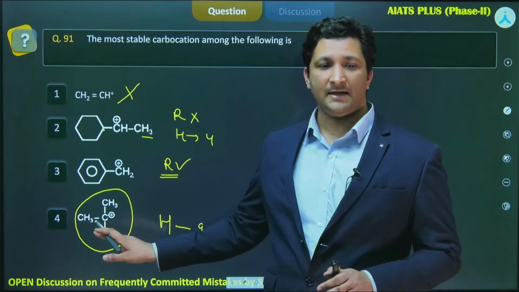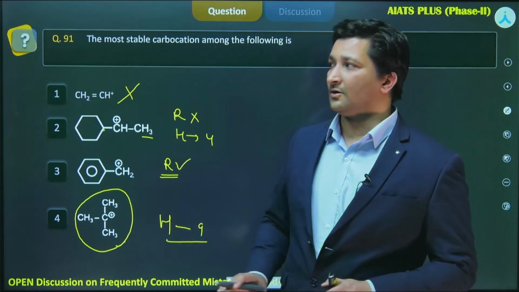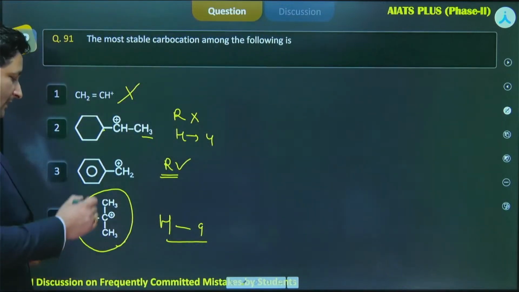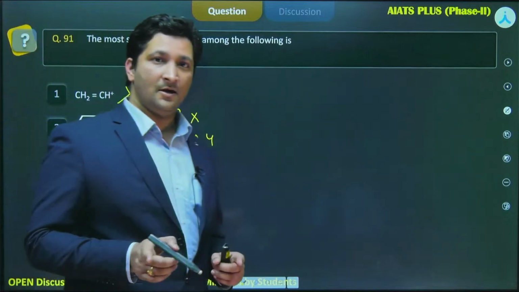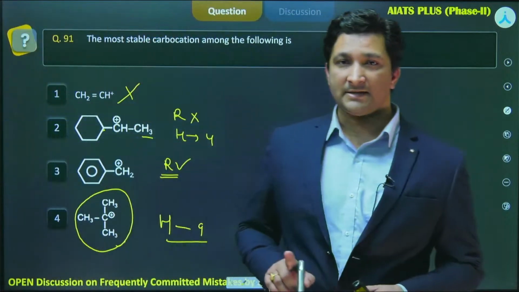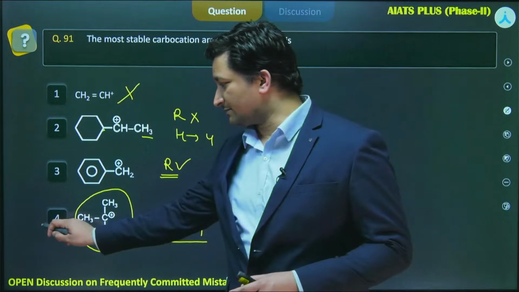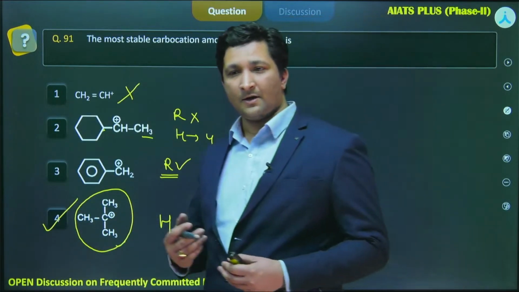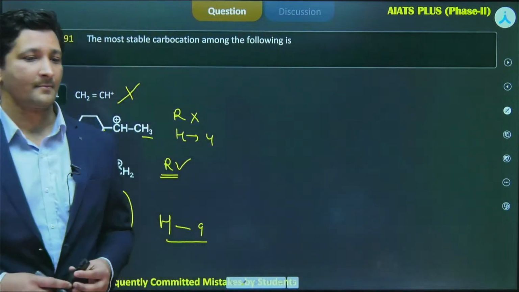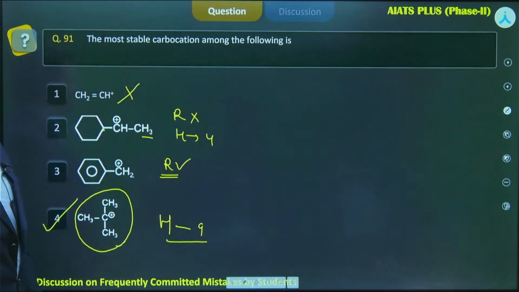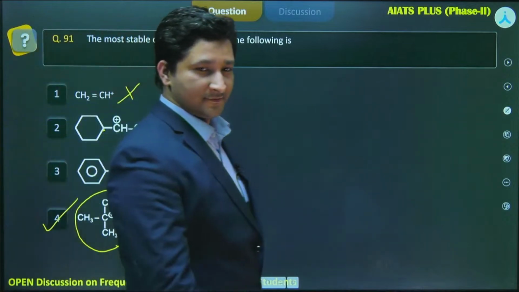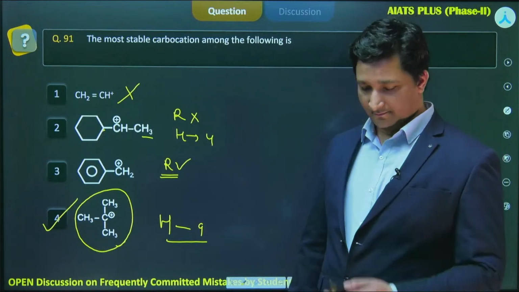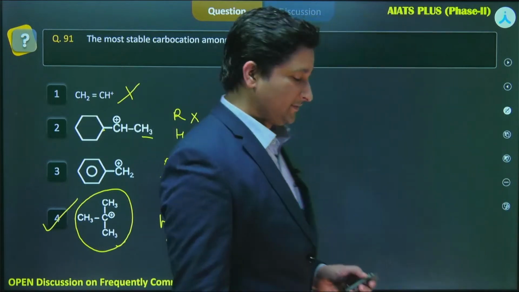But this is another exception, or another different case, which you have to remember: the tert butyl carbocation is more stable than the benzyl carbocation, and this is because 9 hyperconjugations dominate the resonance of the benzylic. Is this clear to all of you? Now what will be the answer? Definitely fourth. Now let's move on to the next question.